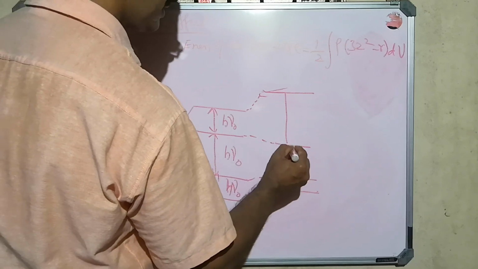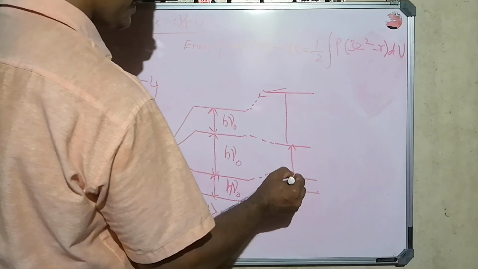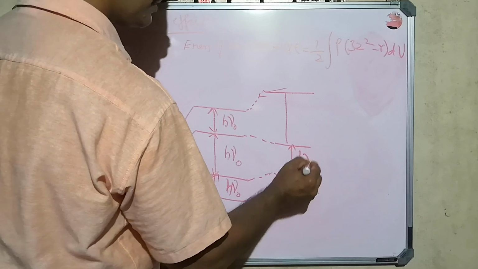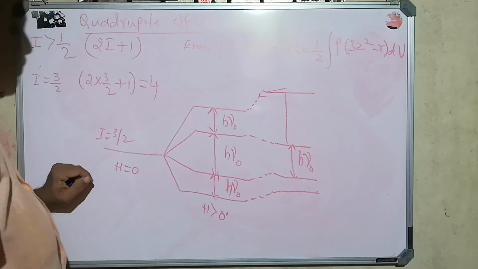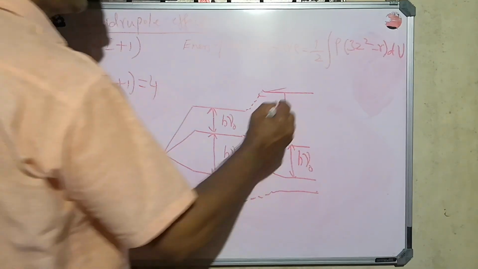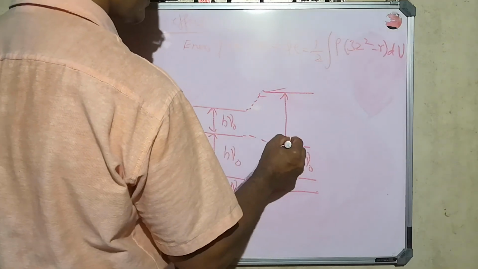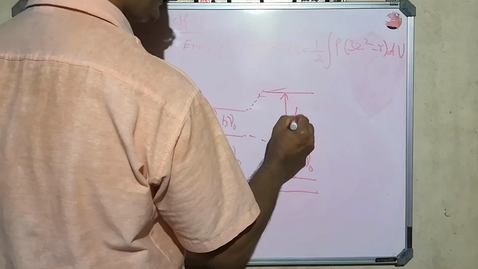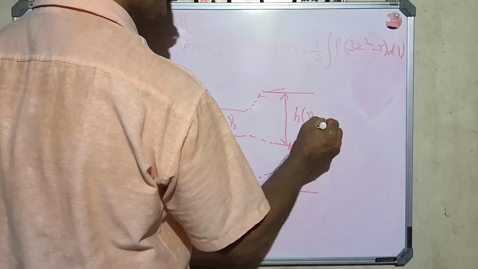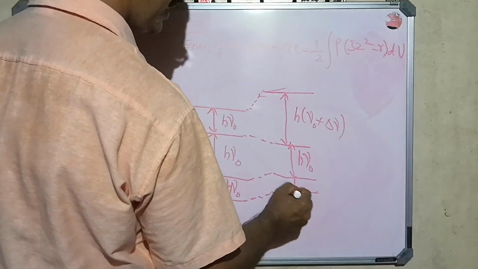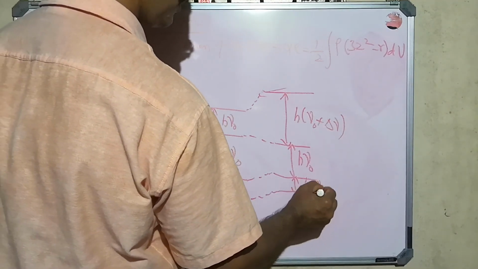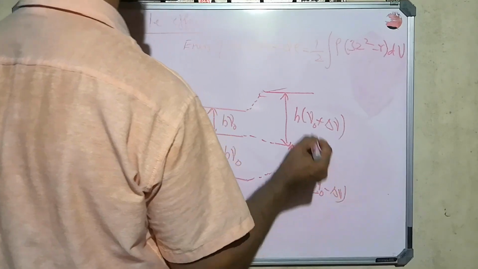So when the transition takes place between these two, the energy H nu naught is released. In this transition, H into nu naught plus delta nu. Here H into nu naught minus delta nu.